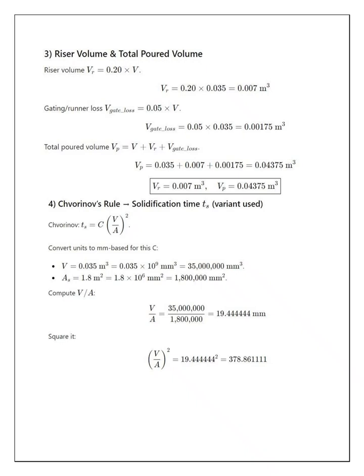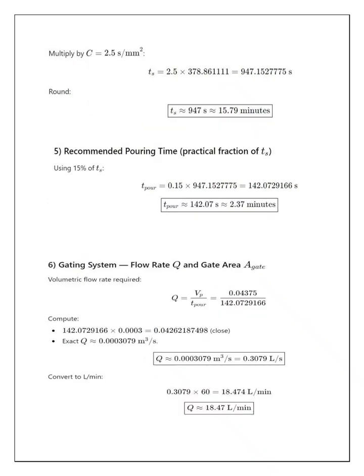For riser volume and total pour volume, Vr is equal to 20% of V, so we get Vr as 0.007, and total pour volume Vp is V plus Vr, which gives 0.0347.